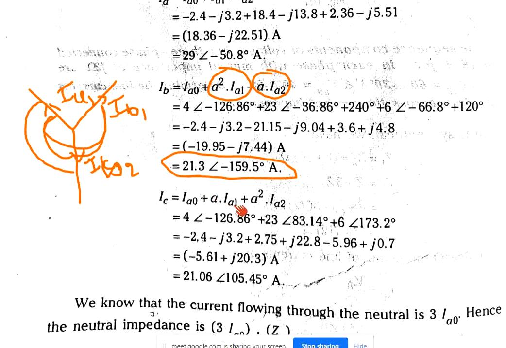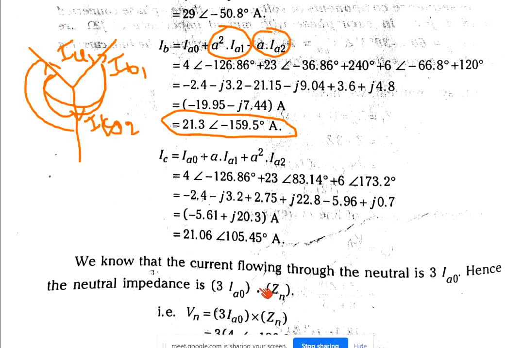So I will represent this in terms of symmetrical components. You will get IC equals IA naught plus A into IA1 plus A square IA2. Substitute all the values, then you will get the final answer as 21.06 at an angle 105.45. Now we know the line currents IA, IB, IC that we have found.